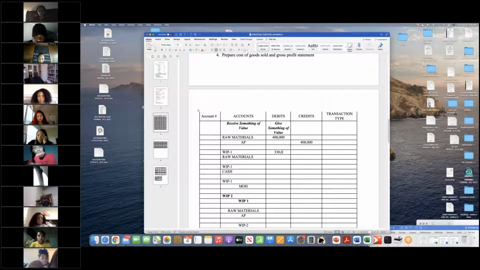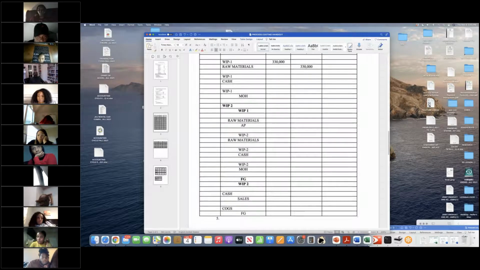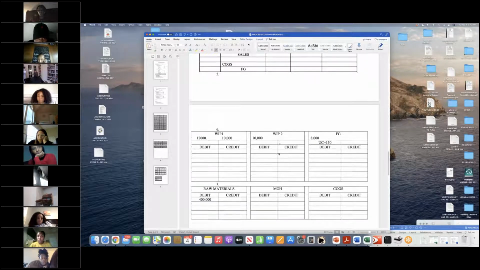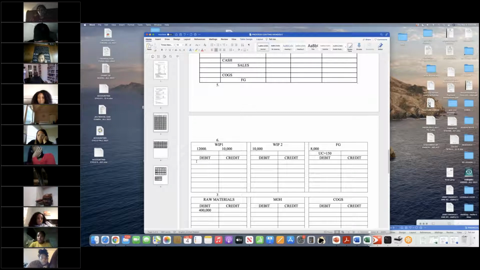So we buy 400,000 and we're transferring 330 in to be worked on. So let's see if we can post that. So we're in work in process 1, where we're debiting it for 330 and we're crediting raw materials for 330.